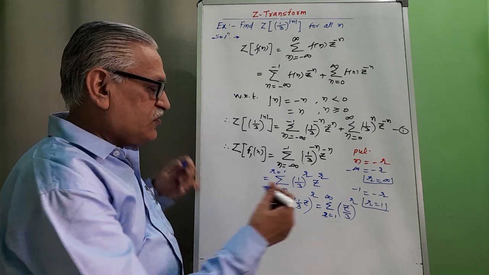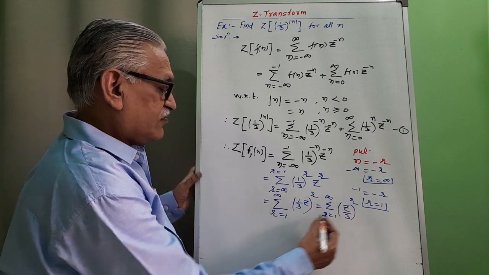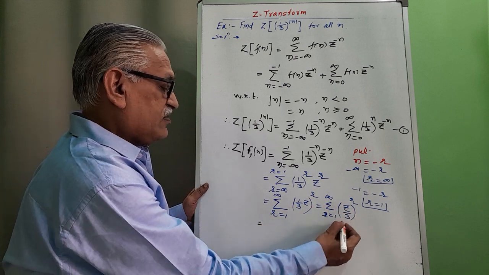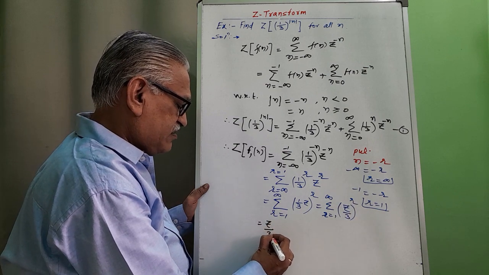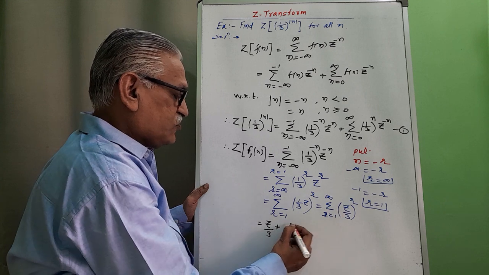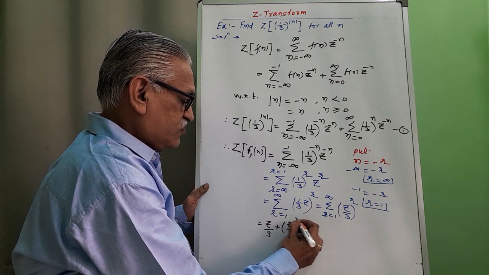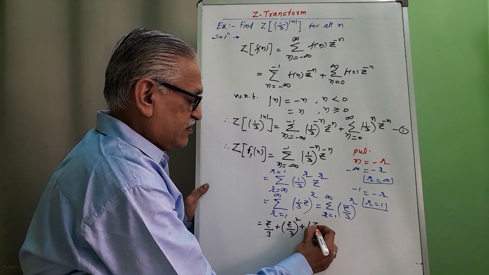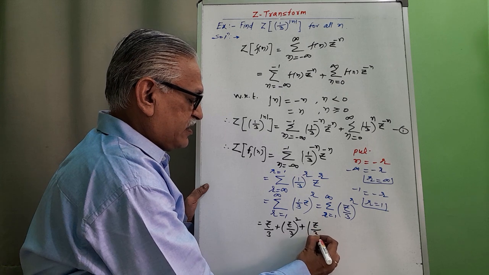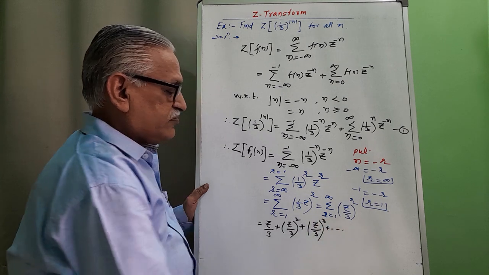Substituting the first value, r equals 1, we have the first term as z by 3. For r equals 2, we get (z/3) raised to 2. For r equals 3, we get (z/3) raised to 3, and so on.